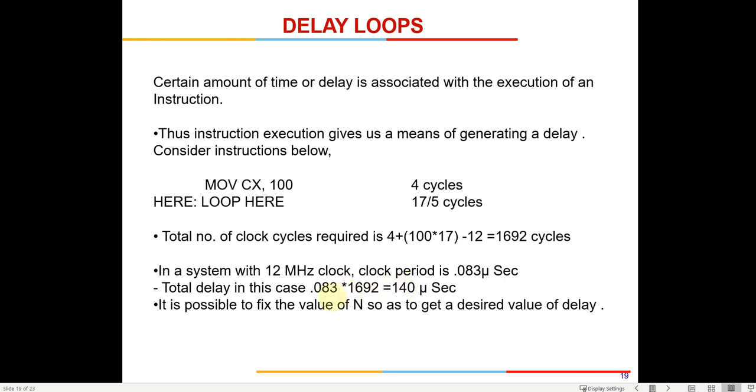Once you know the frequency and the total time, you compute the total number of clock cycles. Once the clock cycles are known, using this formula, instead of 100 you put n, and you get the value which is to be stored into the counter.